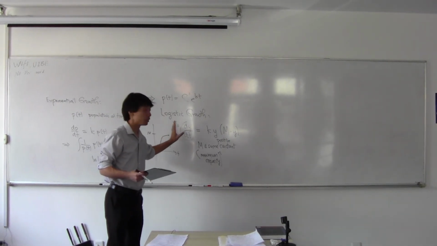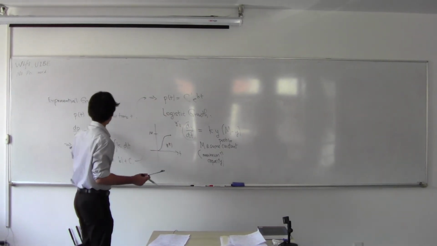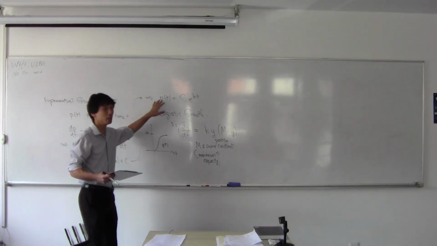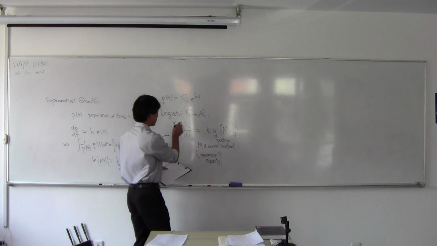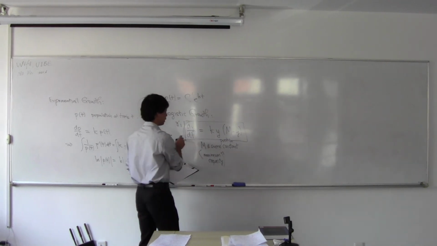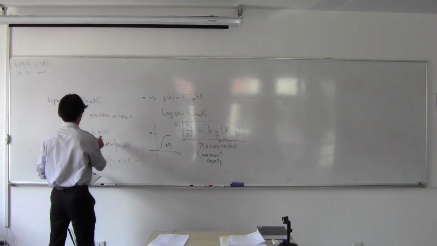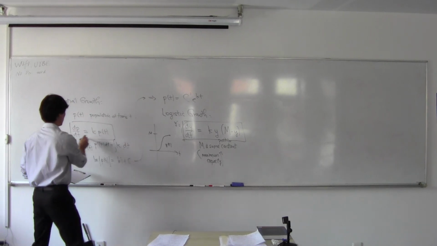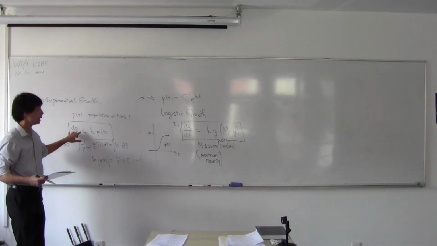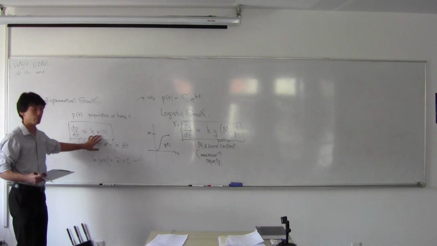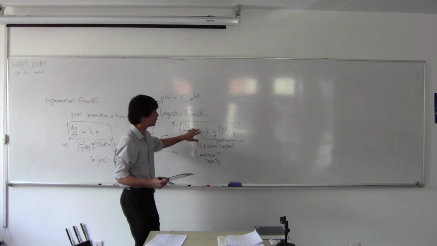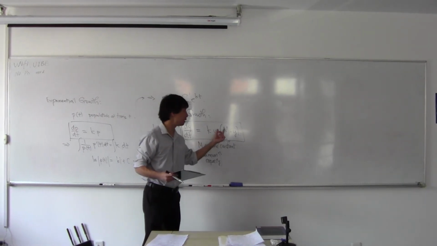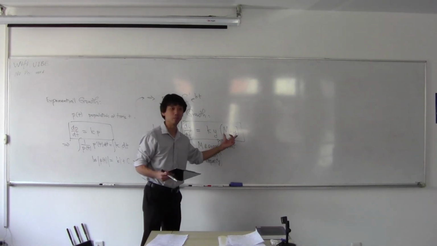So we're talking about differential equations. Yesterday we had this exponential growth thing, and today we are throwing in an extra piece. Yesterday the rate of change was proportional to p, and today the rate of change is proportional to p times some number minus p.